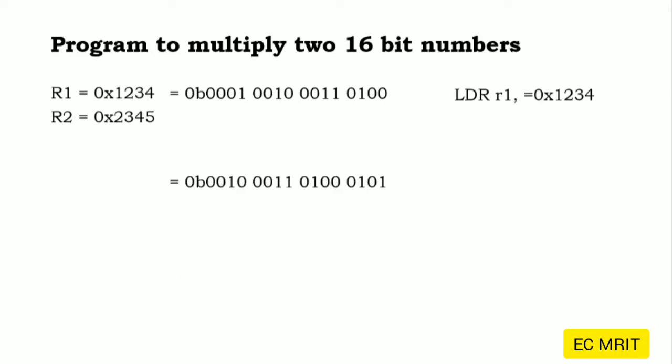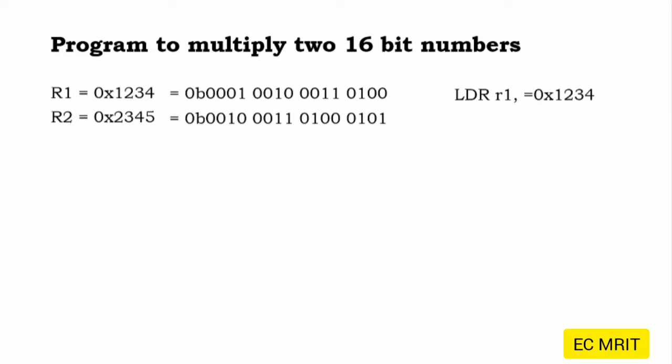This is also a 16-bit binary number, that is 0b, 0010 is 2, 0011 is 3, 0100 is 4 and 0101 is 5. To load this constant value to our R2 register, we will write the instruction LDR R2, =0x2345.